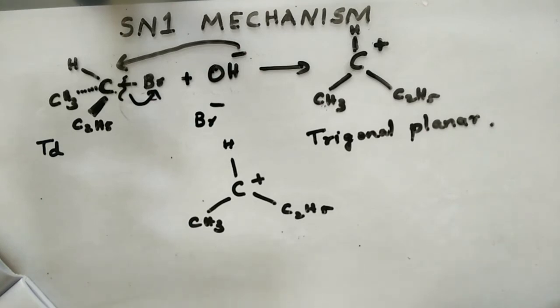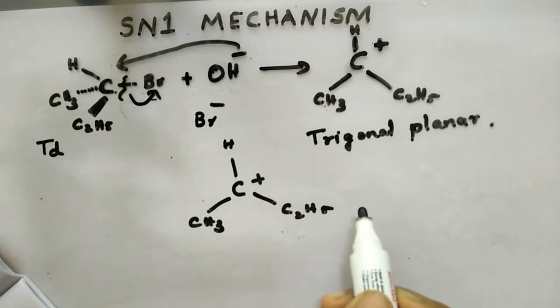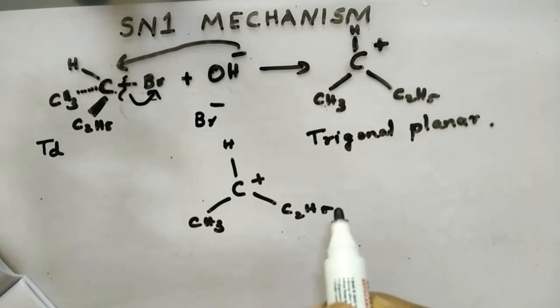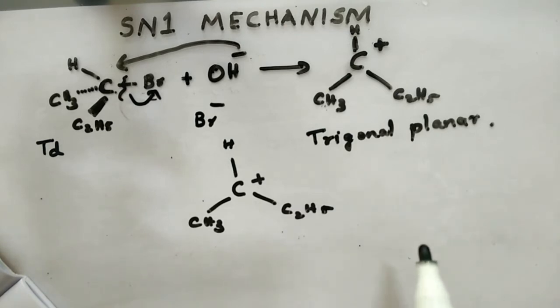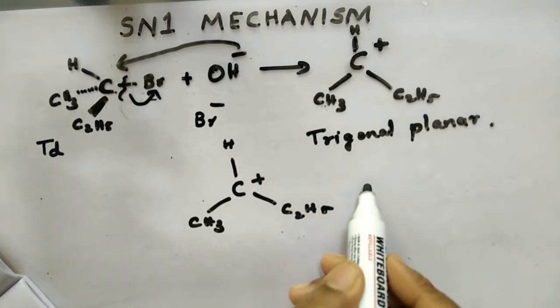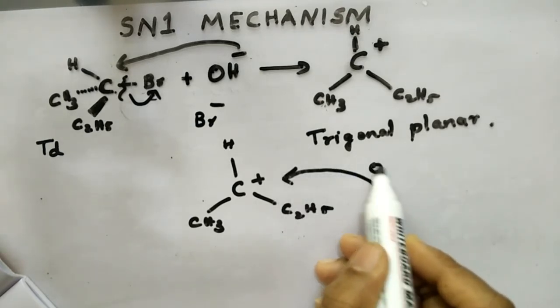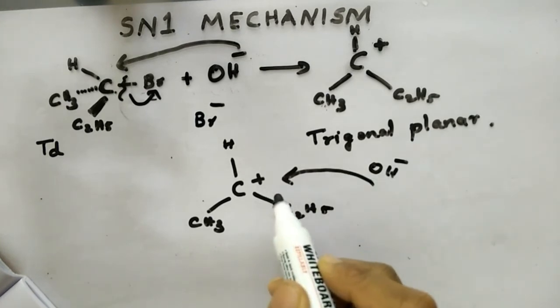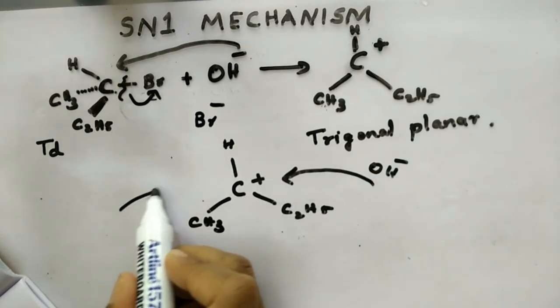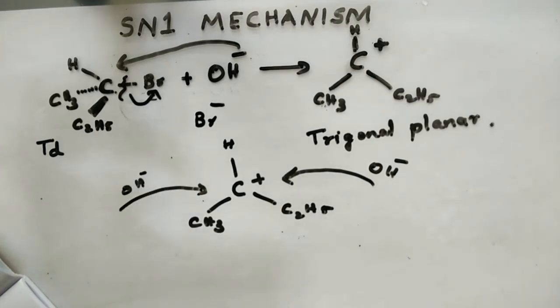The carbocation is attacked by the nucleophile, that is the second step. And because the carbocation has a planar configuration, both front side and back side attacks are possible. That means the OH group can attack through the front side or through the back. Both are possible.